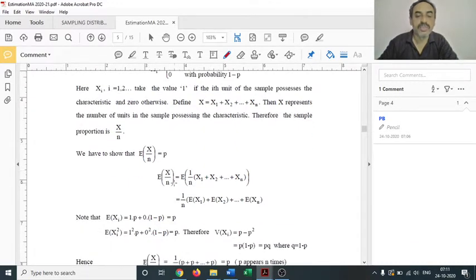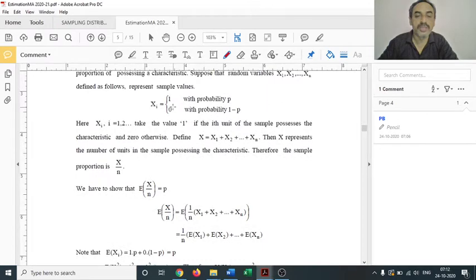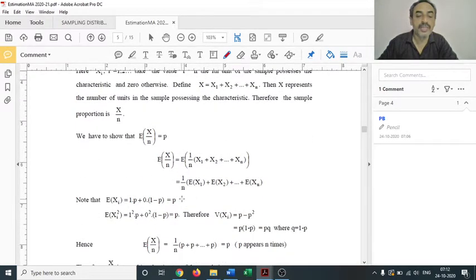So E of x by n, again using the same property, is equal to 1 by n times E of x1 plus E of x2 plus etc. plus E of xn. But E of xi is 1 into p plus 0 into 1 minus p, using the responses and their respective probabilities, and therefore E of xi is p.